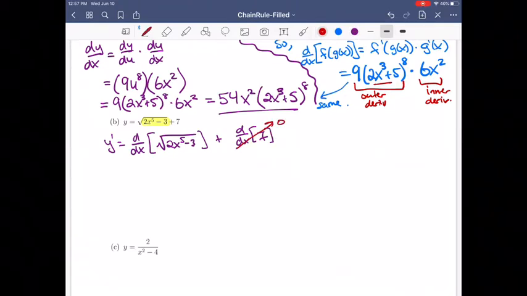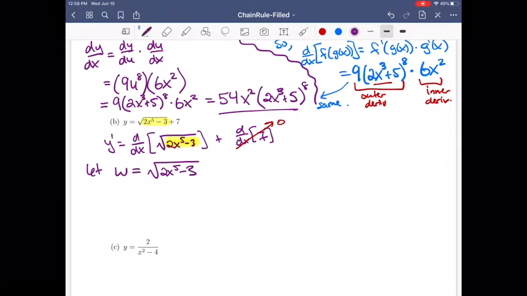So now I just want to look at this square root. I have this inner function. I'm going to do the u one this time. So let's let w equal the square root of 2x to the 5 minus 3, and u be 2x to the 5 minus 3. So that means that w is square root of u.